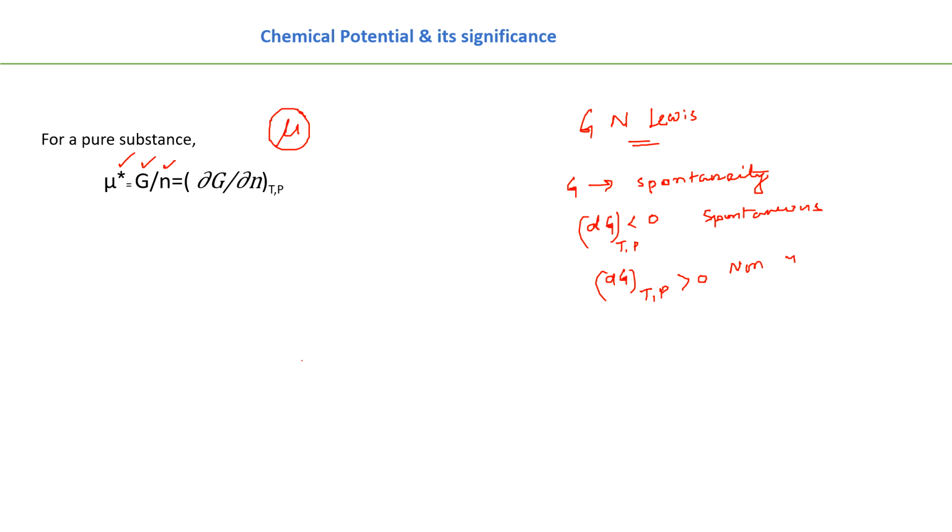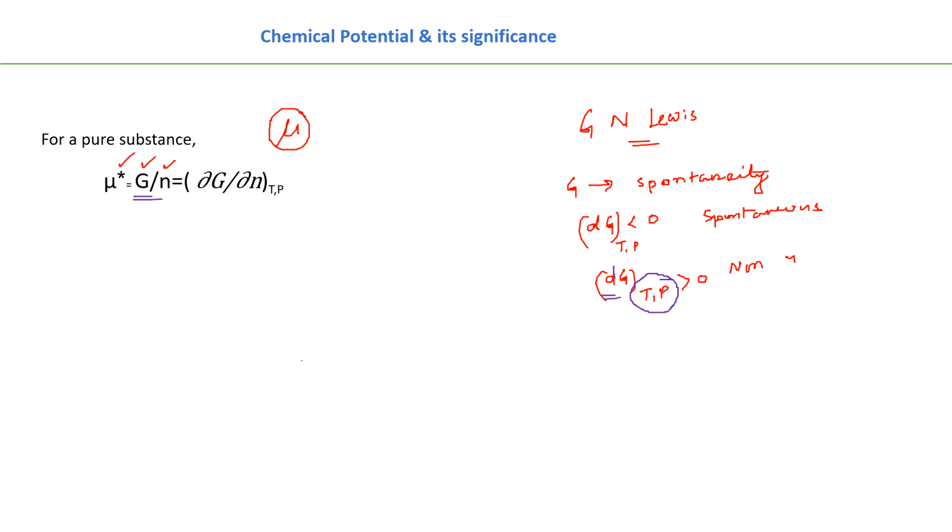Here comes the important thing: at constant temperature and pressure, because most chemical reactions occur at constant temperature and pressure. And therefore, it is easier to represent chemical potential in the form of molar or partial molar Gibbs free energy.